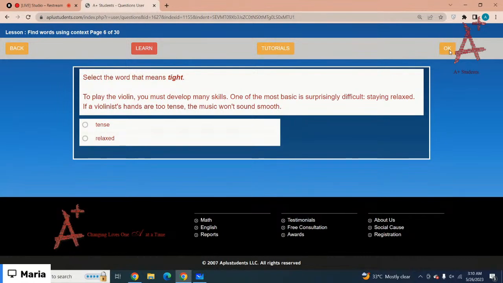Okay, the next one is select the word that means tight. To play the violin, you must develop many skills. One of the most basic is surprisingly difficult: staying relaxed. If a violinist's hands are too tense, the music won't sound smooth. So which is the correct option?